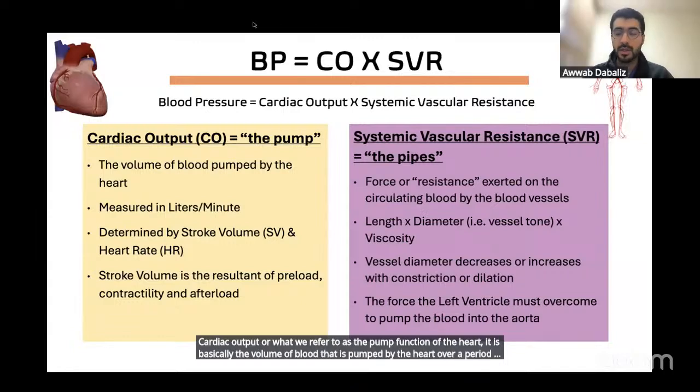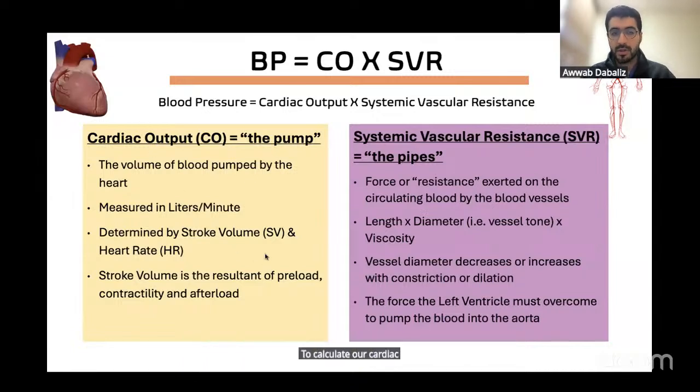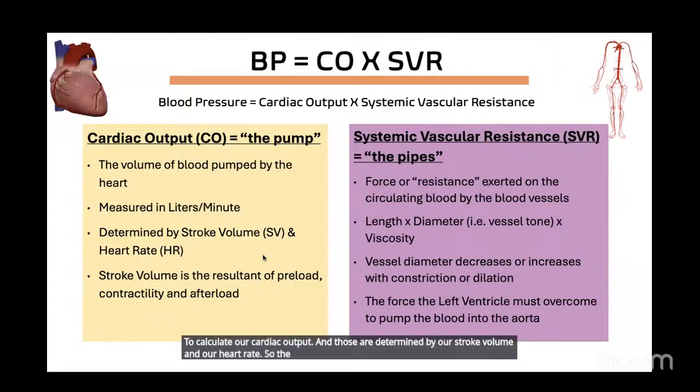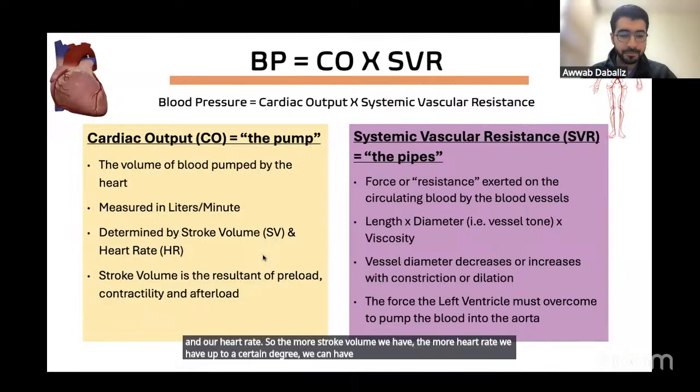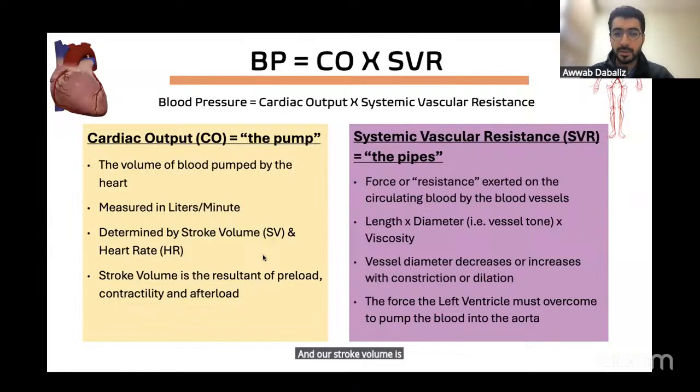We measure it in liters over a minute, and it is determined by our stroke volume and our heart rate. So the more stroke volume and the more heart rate we have, up to a certain degree, the higher cardiac output we can have. And our stroke volume is usually the result of our preload, our afterload, and our contractility function.